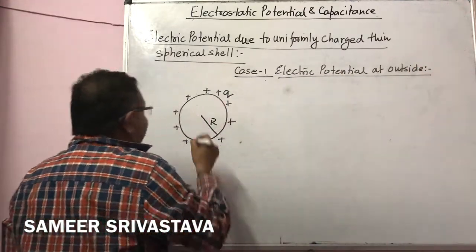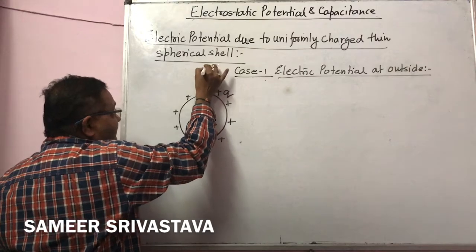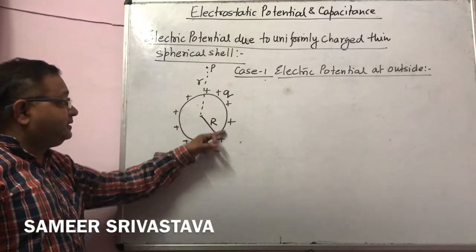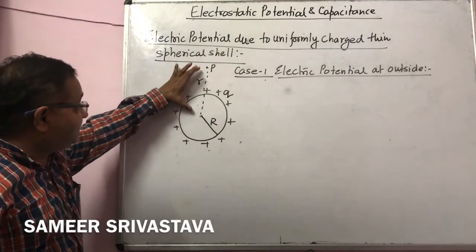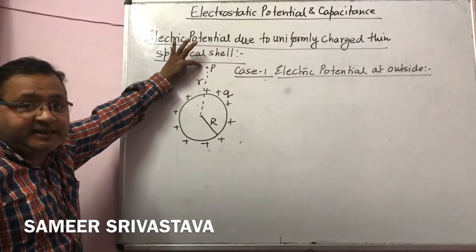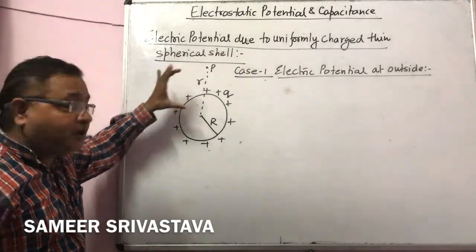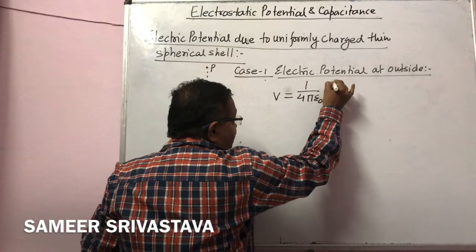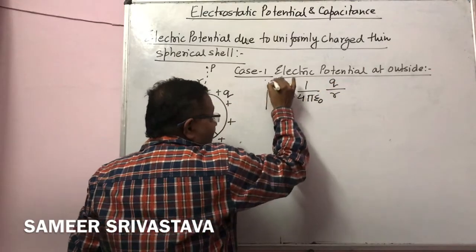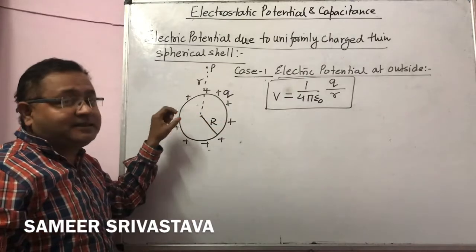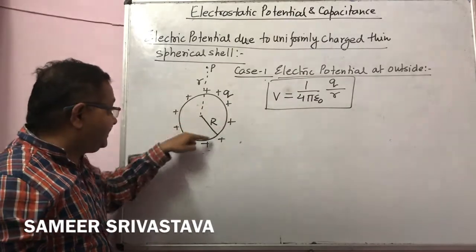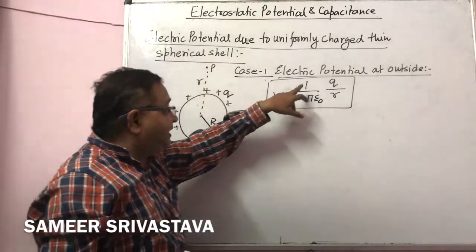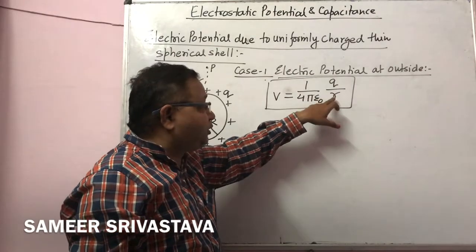Now here we have a point P which is at a distance R from the center of this spherical shell. The distance where we find the electric potential is the point P. So we write the potential formula V is equal to 1 upon 4 pi epsilon naught Q by R. In that condition we consider the total charge is concentrated at the center. We consider this shell as a small point charge. So at the point P we write the formula 1 upon 4 pi epsilon naught Q by R.